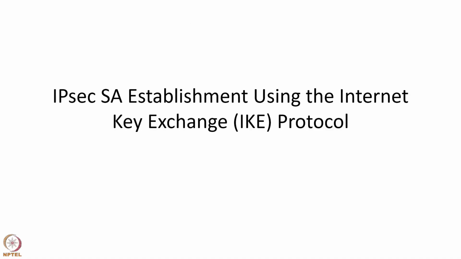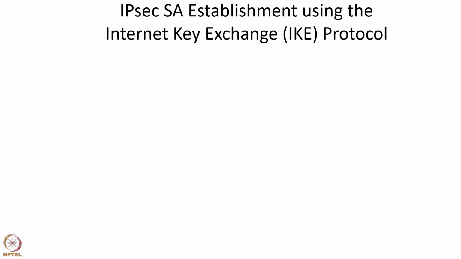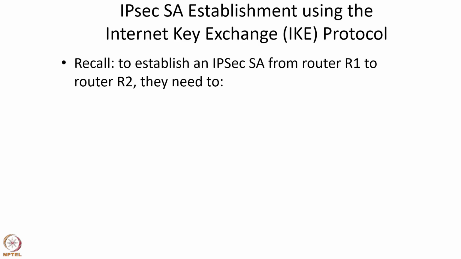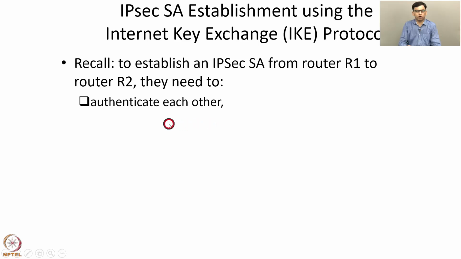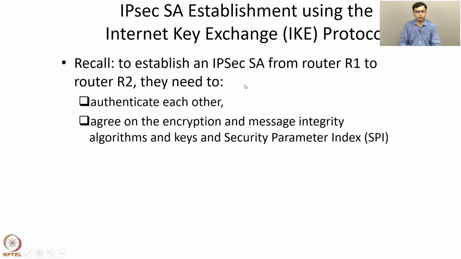So we discussed the establishment of security associations using the Internet Key Exchange Protocol. Recall that to establish an IPsec security association from router R1 to router R2, they first need to authenticate each other. That is, router R1 needs to prove to router R2 that it is indeed the legitimate R1 and vice versa. They need to agree on the encryption and message integrity algorithms which will be used.